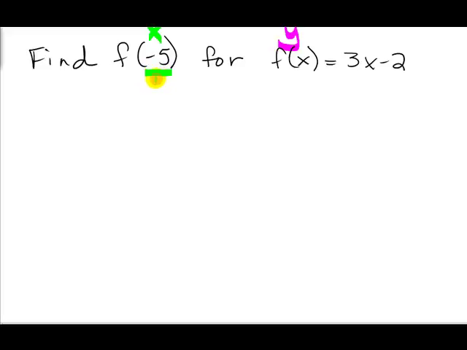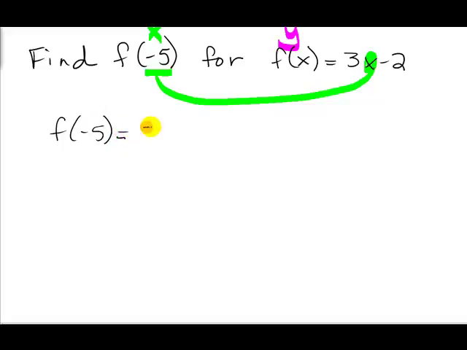So what we're going to do here is take the -5 and plug it in for that x. So f of -5 equals 3 times, and we're going to put the -5 there for the x, minus 2. So do the multiplying, then do the combining.